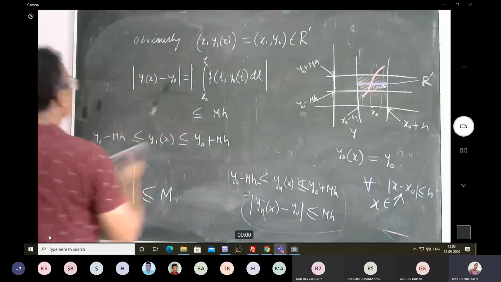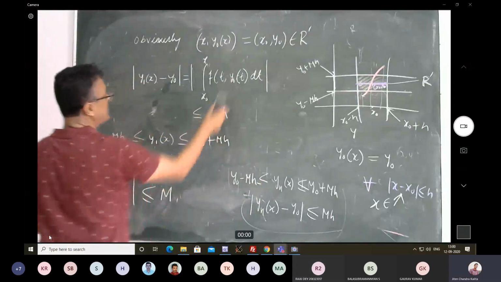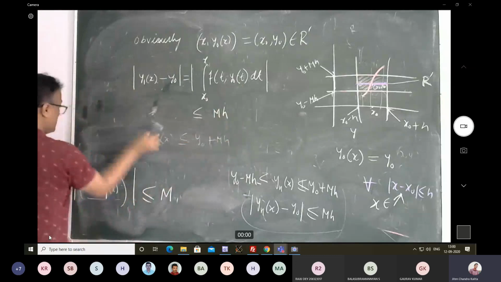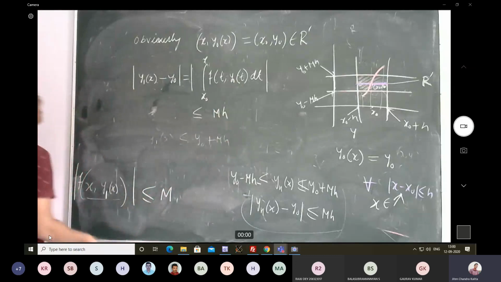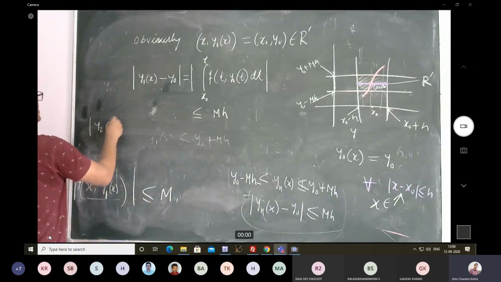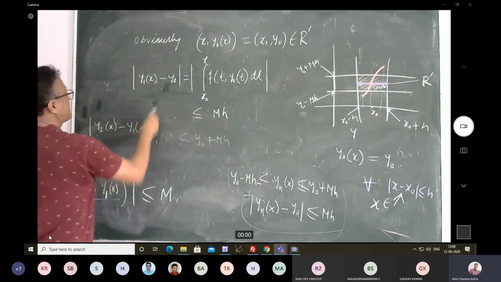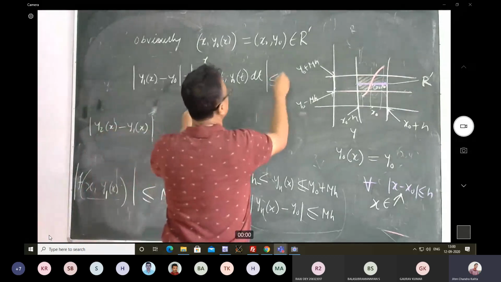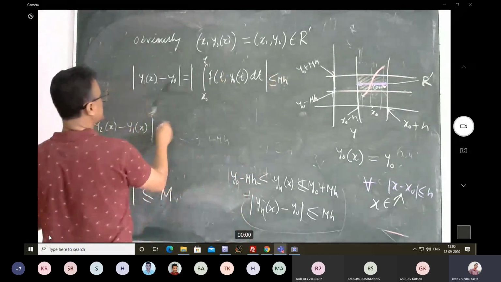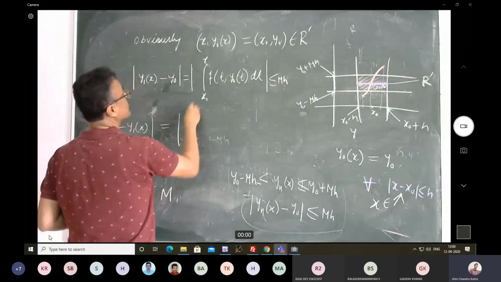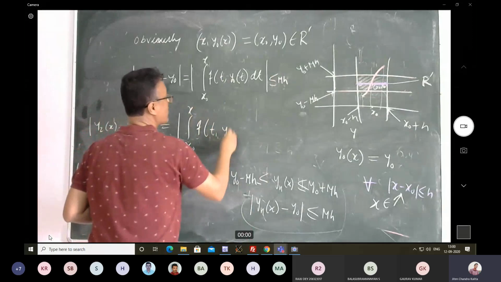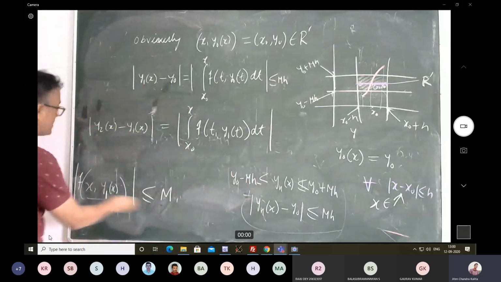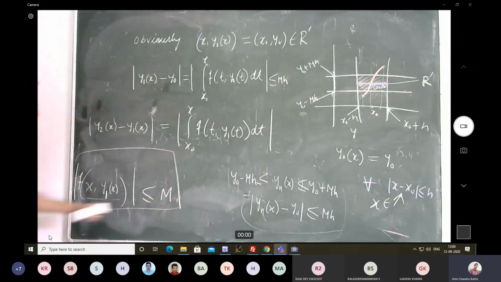Now, if you go to the next step, then by using this fact again I can do y2 minus y1(x), that is the integral from x naught to x of f(t, y1(t)) dt, right?